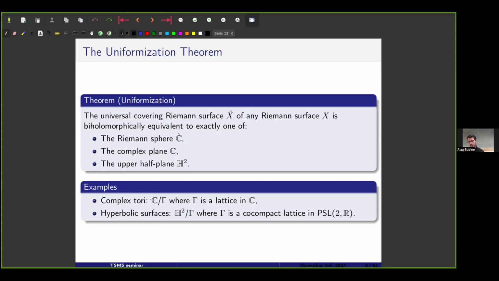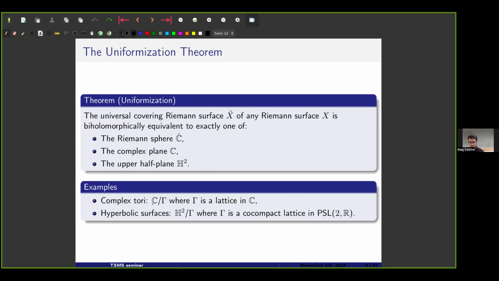So it is either a quotient of C by a lattice, or it is a hyperbolic surface, which means it is the quotient of the upper half plane by some cocompact lattice in PSL2R. And the interesting thing here is that in all the cases we can equip this Riemann surface with a metric of constant curvature.